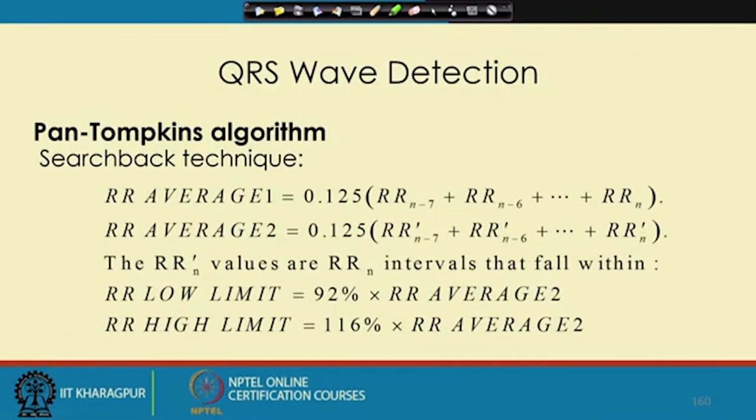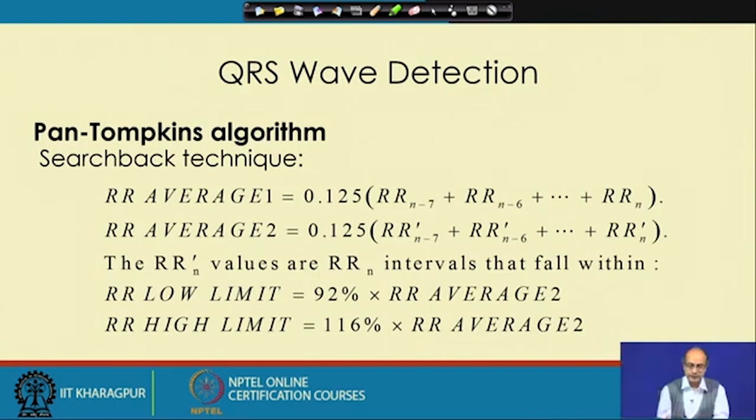Now, we get the search back part of it. Okay. Here we have two quantities of the RR average.